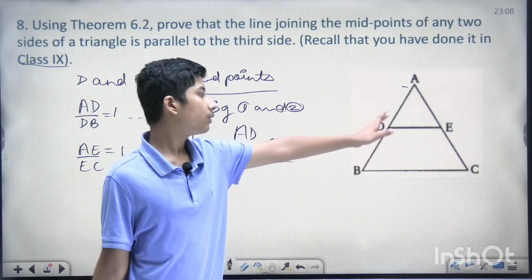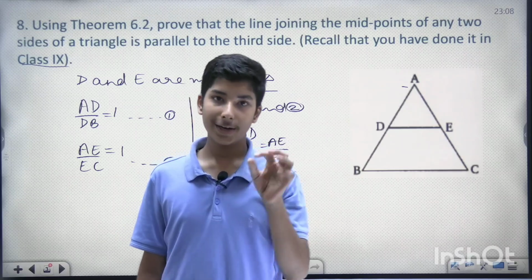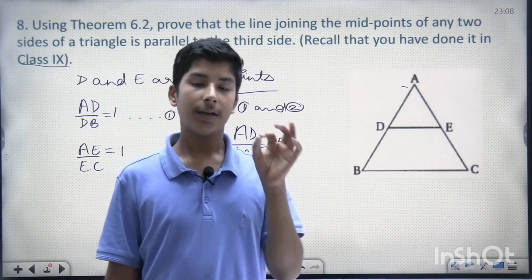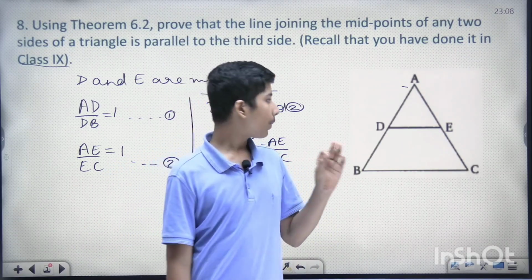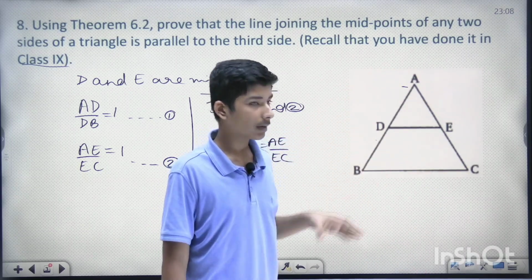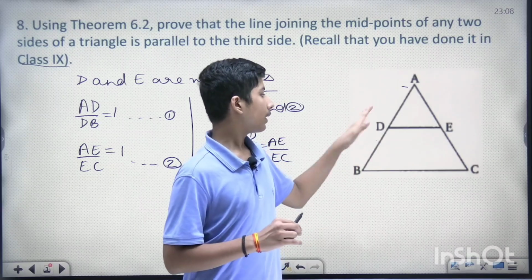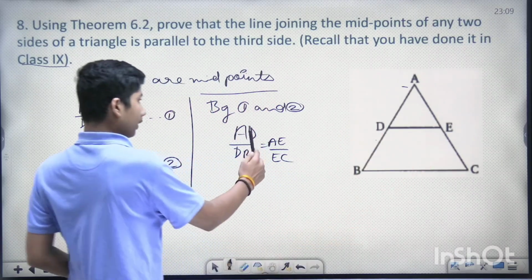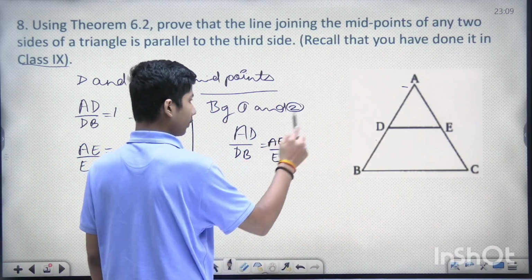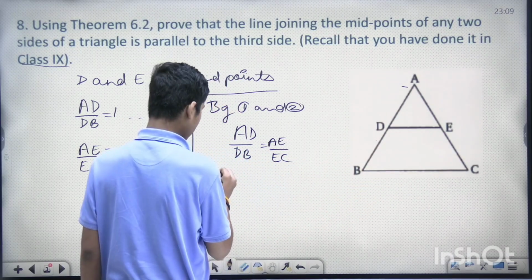If two sides are getting divided in the same ratio, then the line dividing them is parallel to the other side. These two sides are getting divided in the same ratio, so we can say that this is parallel to this. AD upon DB equal to AE upon EC means this line is parallel to this line.